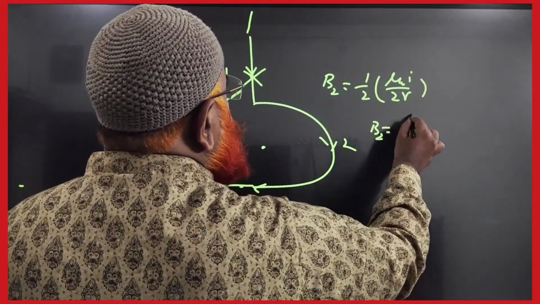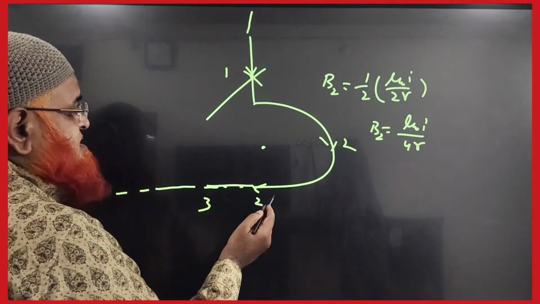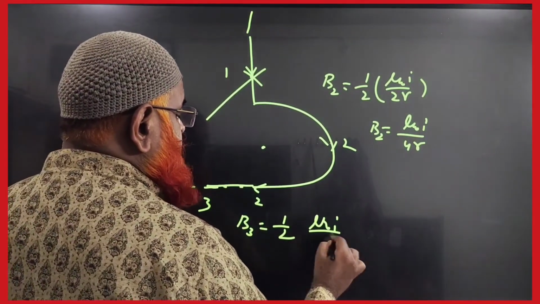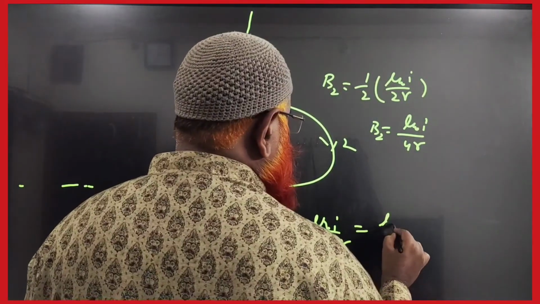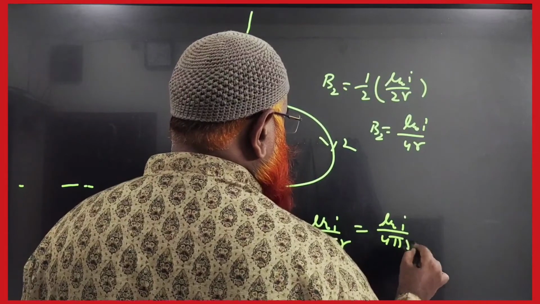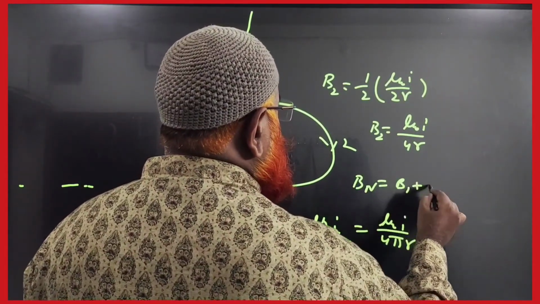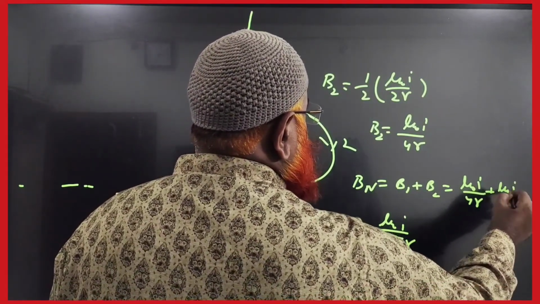So B2 is how much? Mu naught I by 4r. Okay. So B3 means half infinite wire, so half of the full infinite wire, mu naught I by 2 pi r is half. So how much will become? This is equal to mu naught I by 4 pi r. Is it okay? So B net is equal to B1 plus B2, mu naught I by 4r plus mu naught I by 4 pi r.